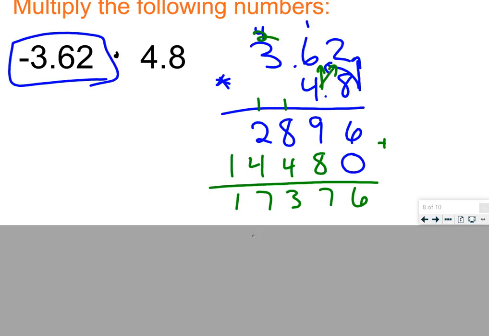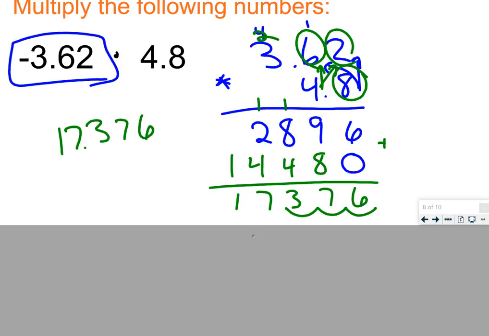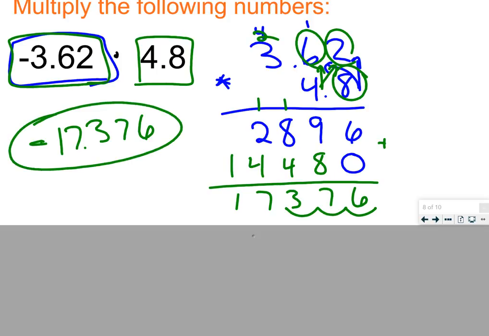Go back to your original question. There are 1, 2, 3 numbers behind the decimal, so that means we move the decimal 3 spots. Now, looking at the original, we have a negative times a positive, therefore my result should be negative. And there you have it.